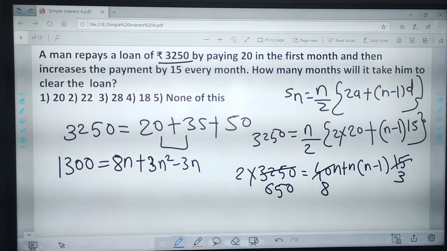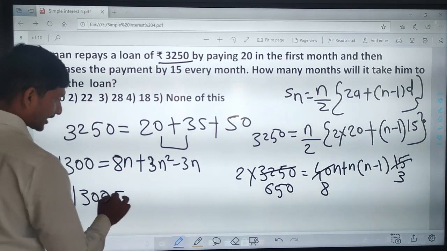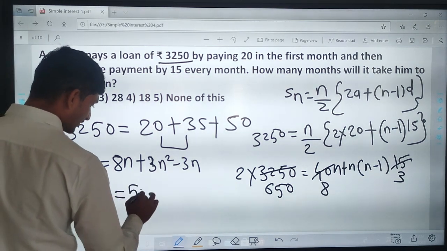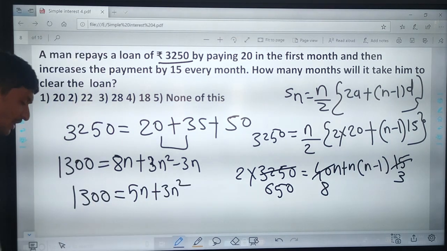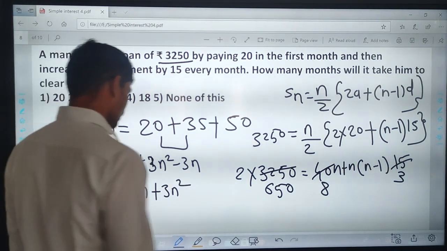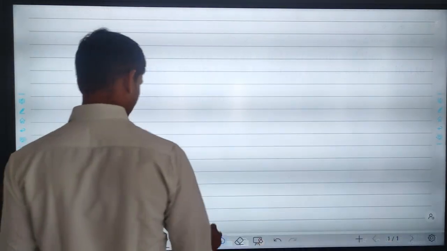Now we write 1,300 is equal to 5n plus 3n square. Now solving this, we get the answer.